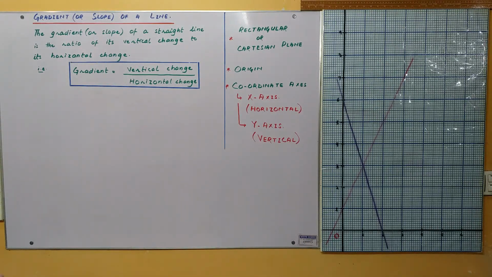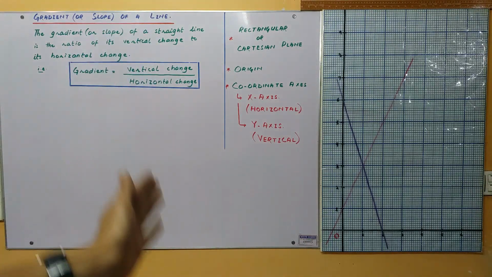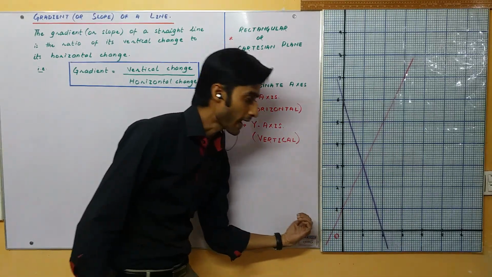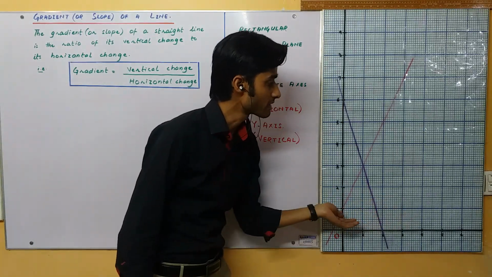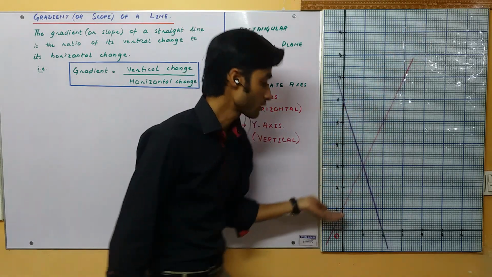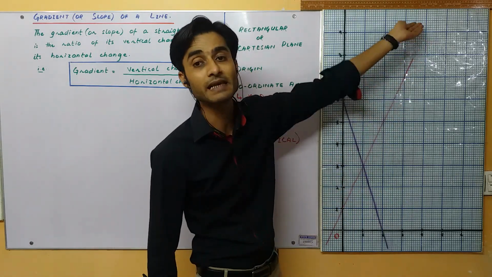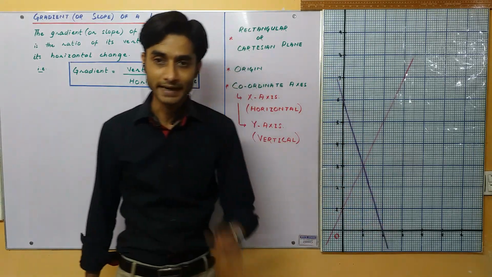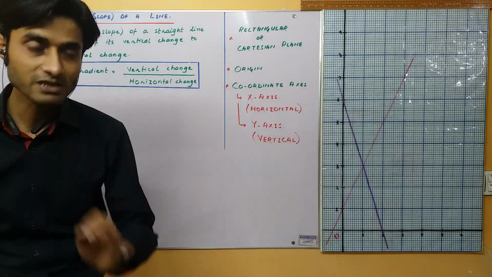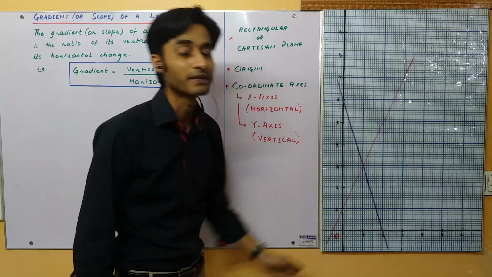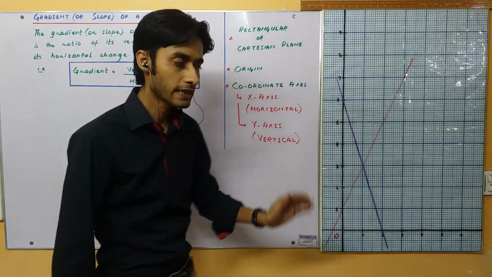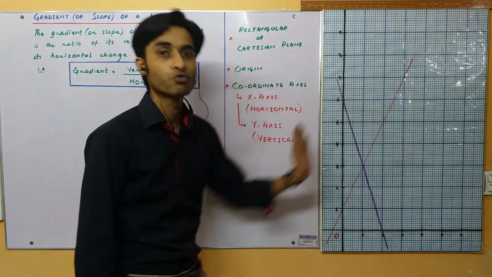So this is a line that I have already drawn on the Cartesian plane. The one which is going up from left to right. This is left, and when it is going to the right, you can see it is going up. So this is called an increasing line. This line is called a decreasing line. First of all, you must be aware of what an increasing line looks like and what a decreasing line looks like. It's always from left to right.